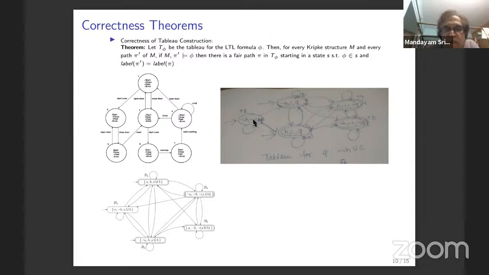That is mimicked by the path starting from T1 here in the tableau, in which you cycle once, then you go to a state in which not H, here it is not H, becomes true.